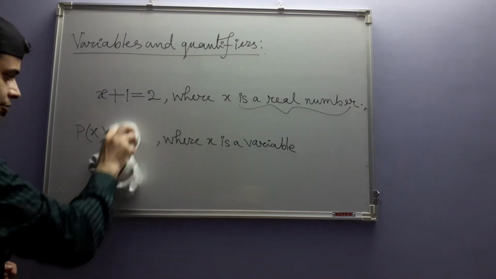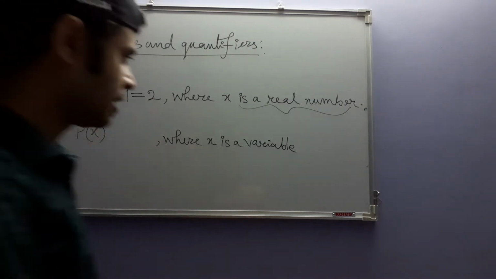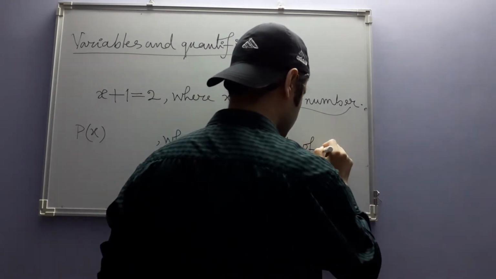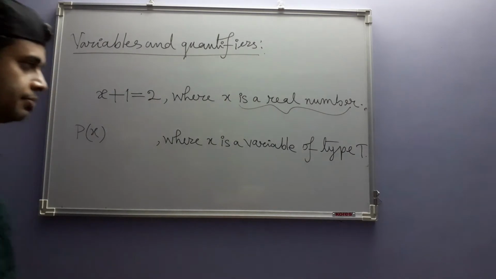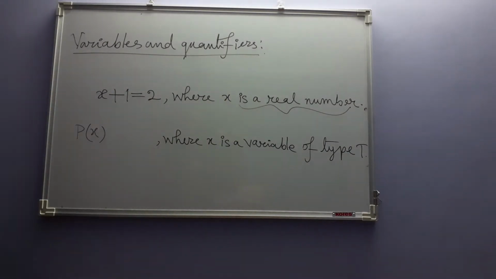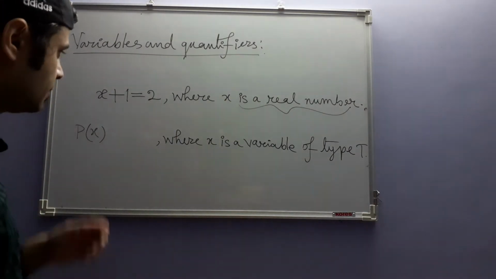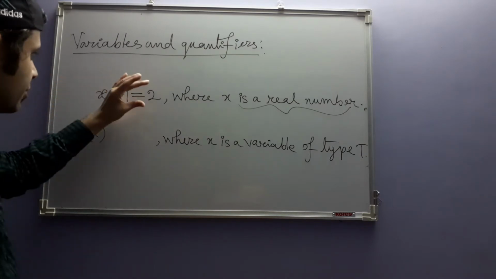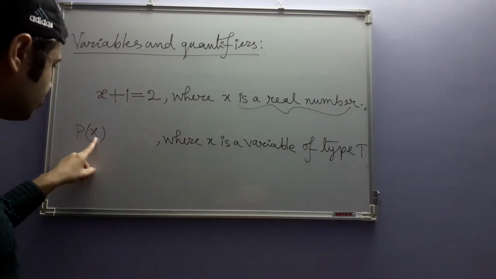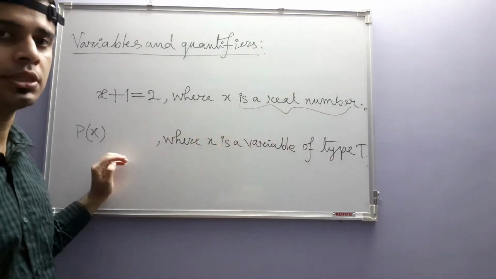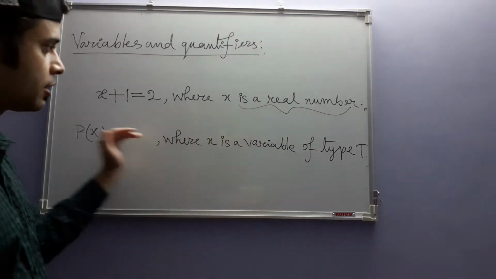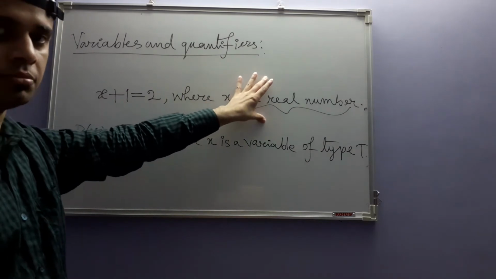I should write P of x, where x is a variable of type t. So P of x is a statement involving the variable x, and here I am stating the type of the variable. This is the general structure of statements involving a variable.